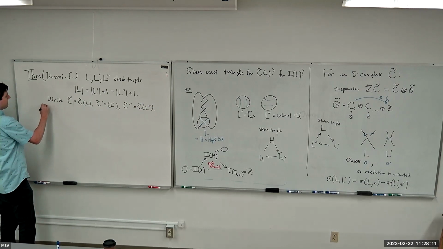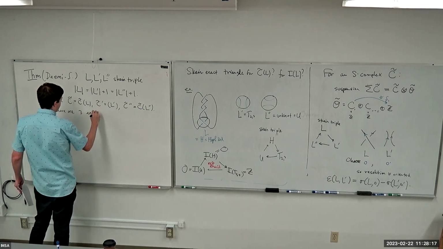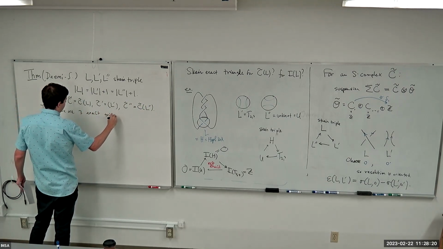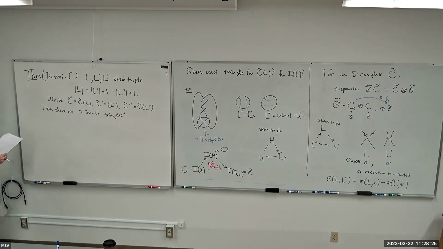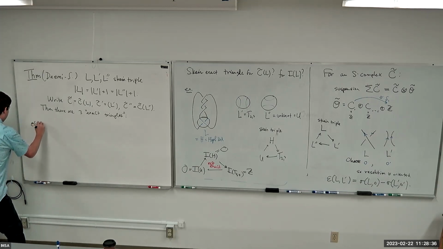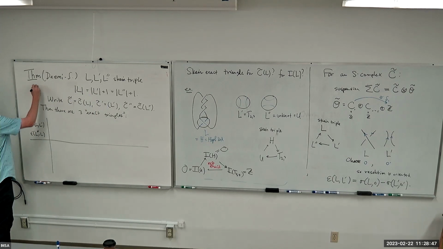Then we have 3 exact triangles. Let me put "exact triangles" in quotes. The 3 cases depend on the values of that invariant epsilon. It depends on how the signature is behaving under your skein resolution. So if I put epsilon of L L prime and epsilon of L prime prime L, oh, by the way, I should throw in this condition: determinants are all non-zero.